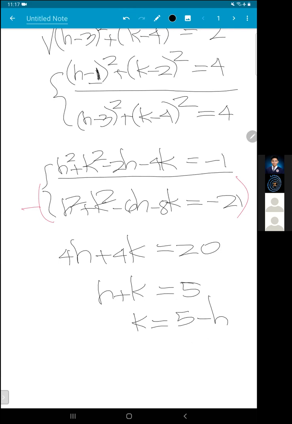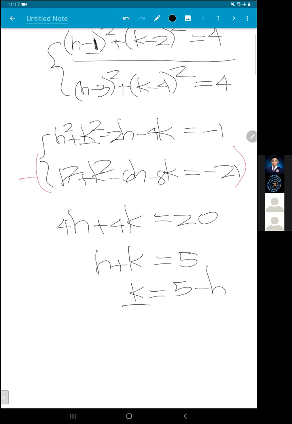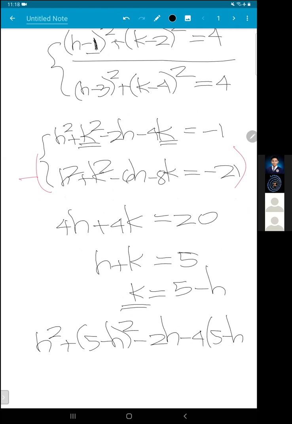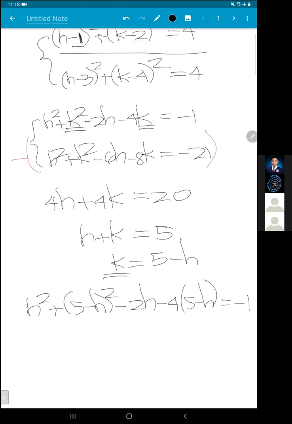Siguro yan na lang kasi nakasimplify na yan eh. So let me plug in k in the case. Diba may mga k dyan? Ipa-plug in ko to. So itong lalabas. H squared plus 5 minus h squared minus 2h minus 4 times 5 minus h equals negative 1.